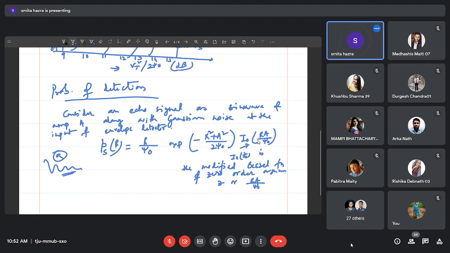So the existence of A can be considered this way: the whole noise envelope is modified by this extra term, which I have shown with the I naught function of R A by psi naught. That is nothing but this Bessel function. Clear? That is why the PDF, the probability density function, gets multiplied by this Bessel function.